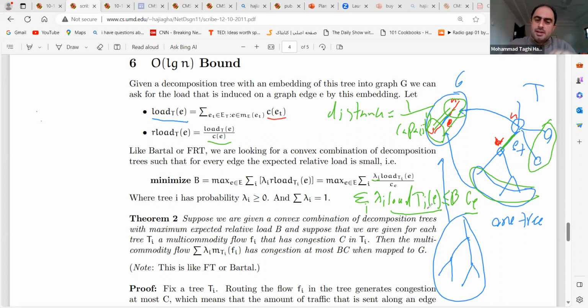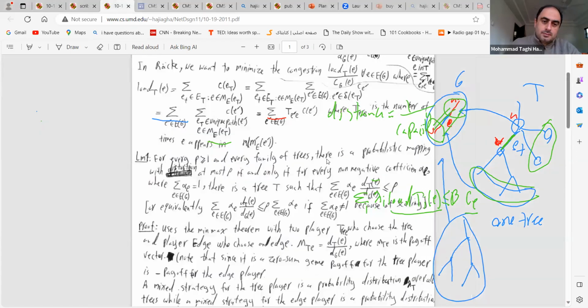And we discussed this one. This is an interesting formula. Let me define this load and then I will come back here.